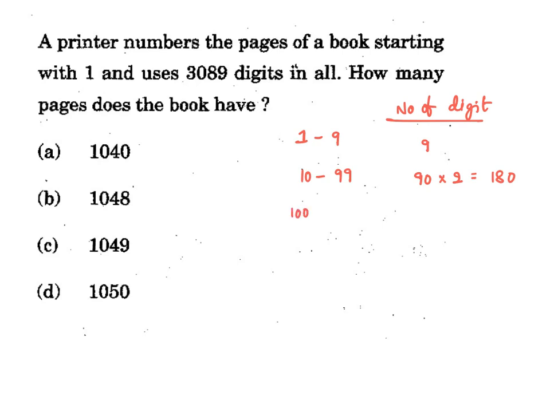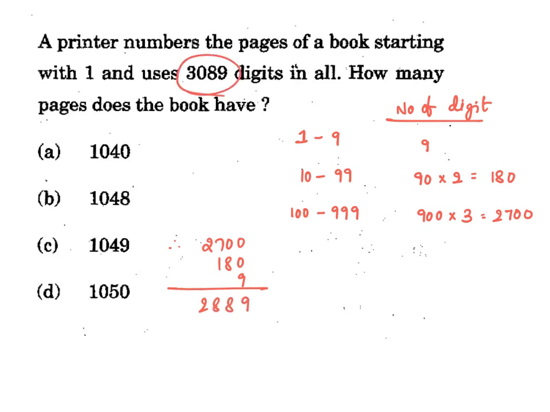From 100 to 999, 900 numbers. Each and every number 3 digits. Therefore, 2700. So do the sum up to here. 2700, 180 and 9. So it becomes 2889. But you are using 3089, which means 200 extra you are using.